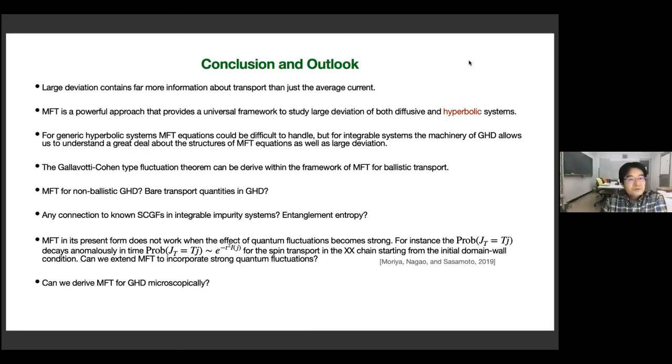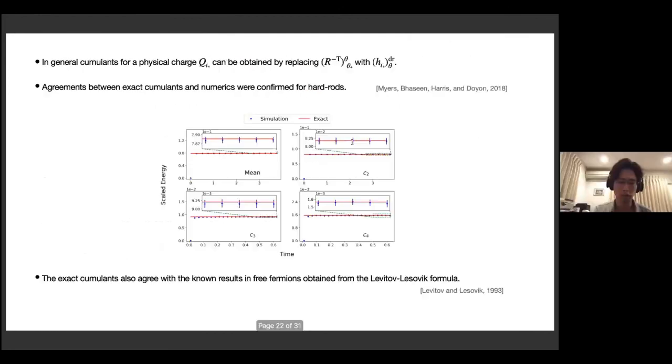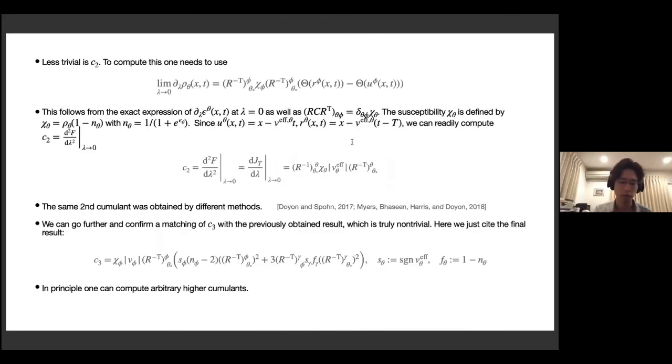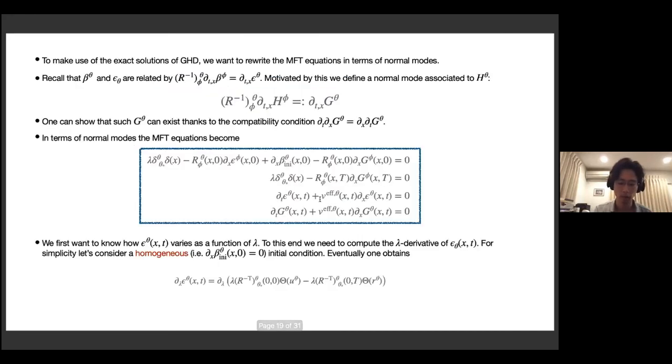Okay, Nahu? Yes, so my question is basically, you said that in GHD there are no shocks, right? So what guarantees that there are no shocks, and does the statement apply for any initial condition? Good question. So the absence of shocks is basically diagnosed by the fact that there is a particular condition satisfied in GHD, or in general integrable systems, called linear degeneracy.